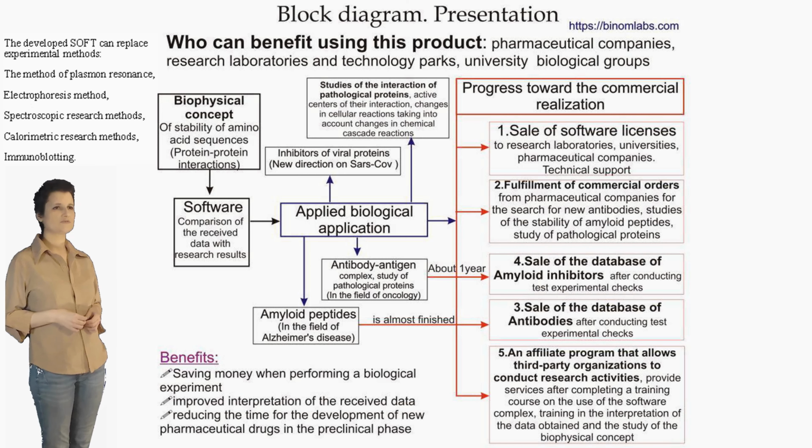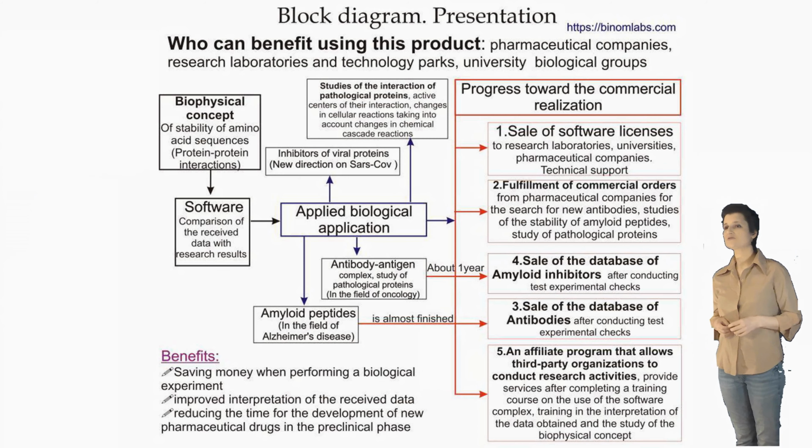Also, for the accuracy of determination of the observed effect, it is necessary to carry out the same experiment several times, and to confirm the observed effect, it is recommended to verify it experimentally with several different methods, each of which is characterized by its own measurement error. Multiple repetitions of the same type of studies entail costs of biological materials, consumable equipment, a lot of time, and labor costs.